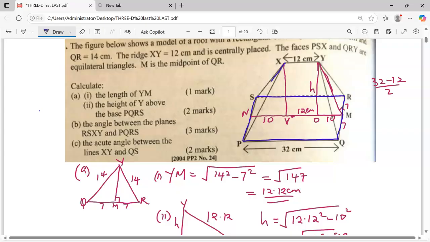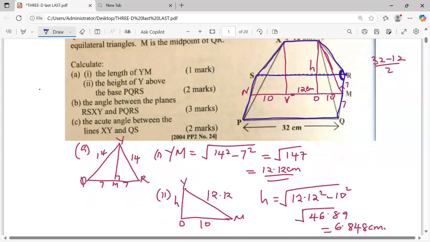So it is the angle between these two planes, and therefore the angle we need between the two will be at this point where we have a point R. So what we are going to do, we are going to use again this triangle QRY.